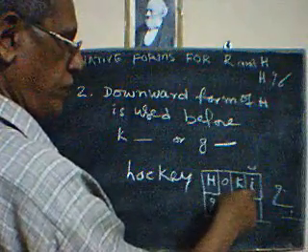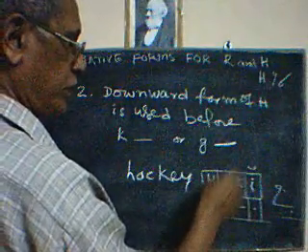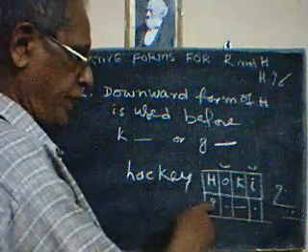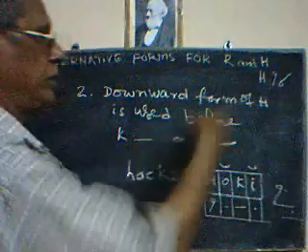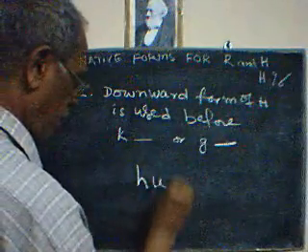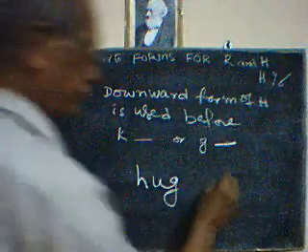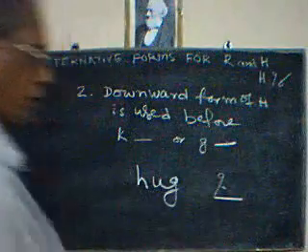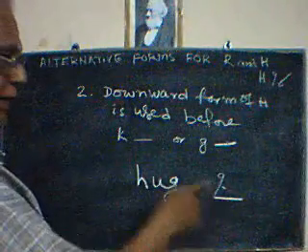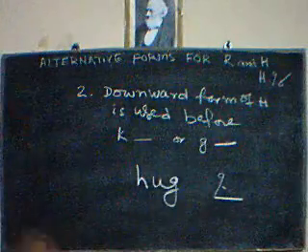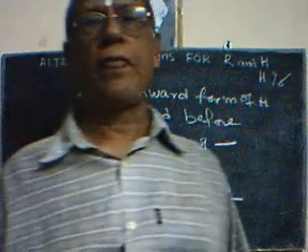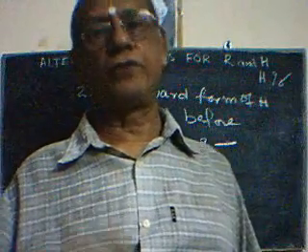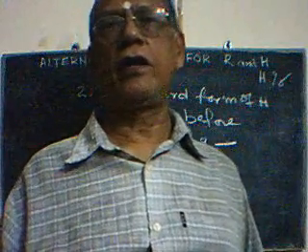Short vowel. This is also short vowel. Hockey. Light dash. Before K, he is written downward. Hug. Before G, he is written downward. So generally upward form of he is used, but downward form is used before K or G.